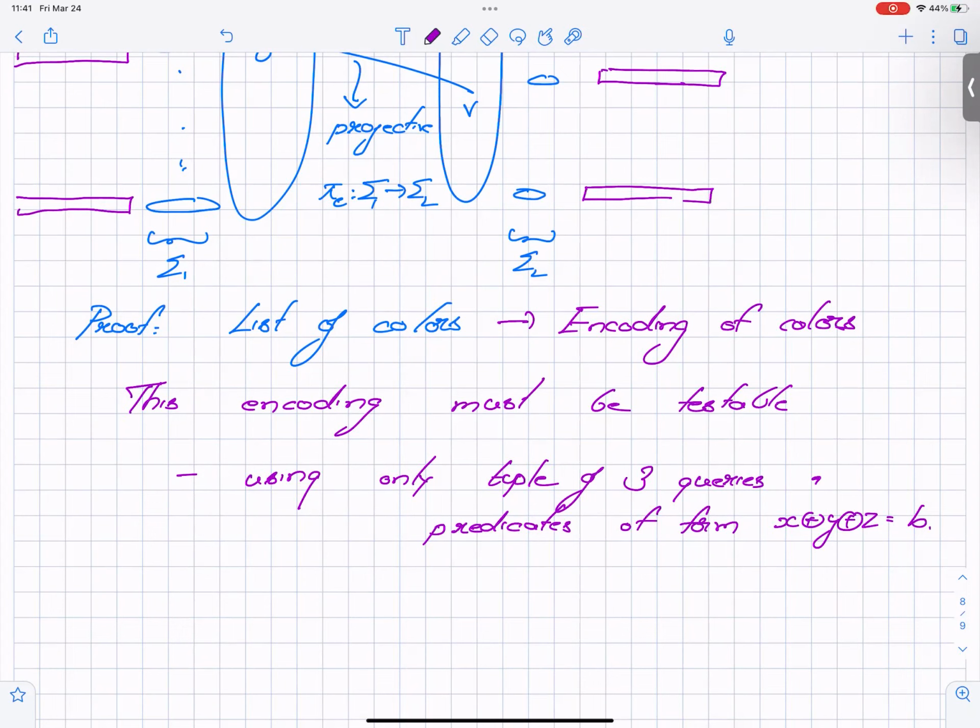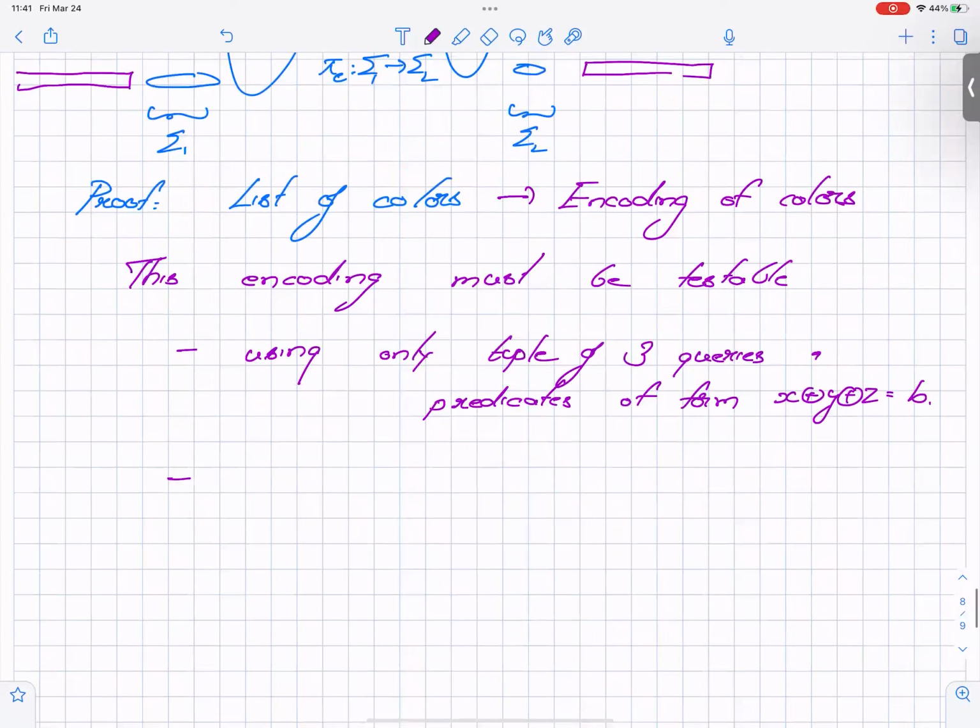And in the process, you need to do 2 things. I had to do a code word test in these 3 queries, that is, check it's a valid encoding. The code has to be globally tested.